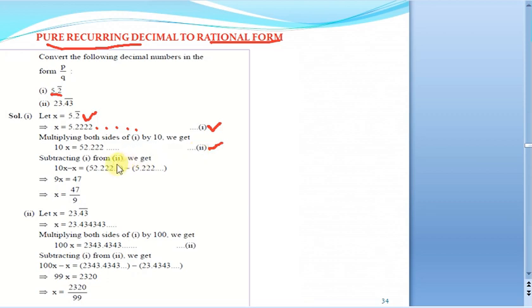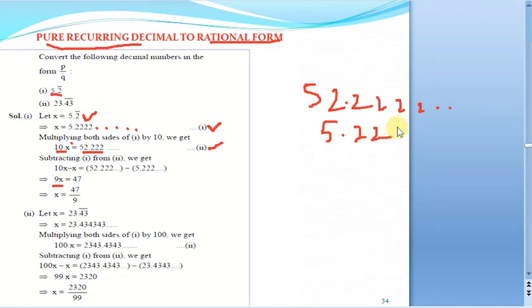What we will do, we will subtract equation 1 from equation 2. As we know, this is going to be our LHS and this is RHS. So subtract x from 10x on the LHS part. You will be left with 10x minus x, which is 9x. And on our RHS we have 52.222 and so on, and in equation 1 we have 5.222 and so on.